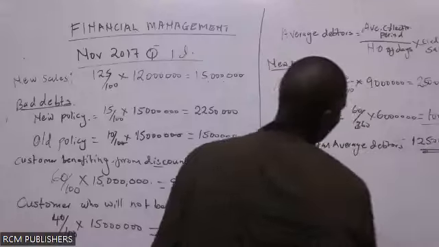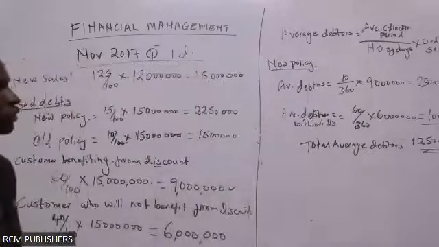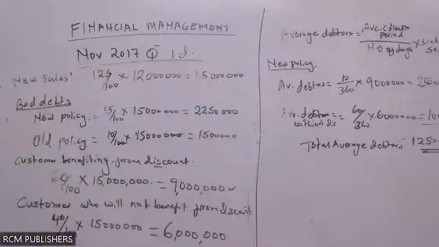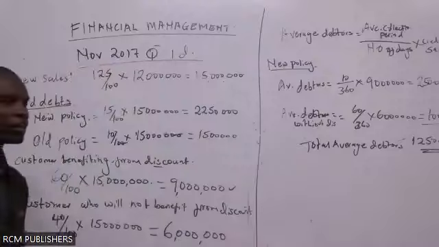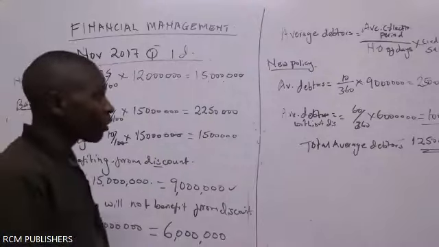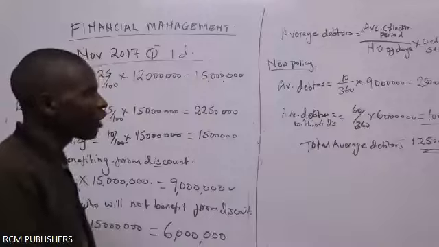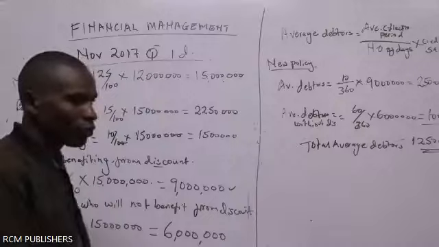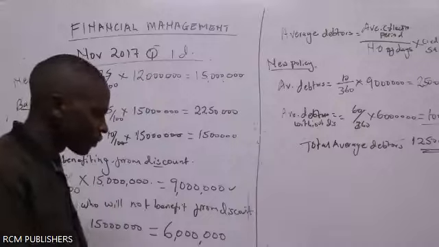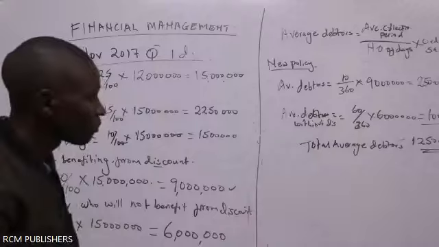That is for the new policy. Total average data. Then from that point, it is now easier for us to see what is happening here.